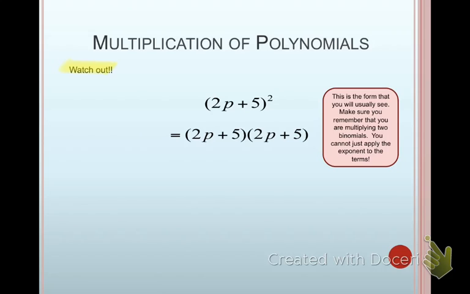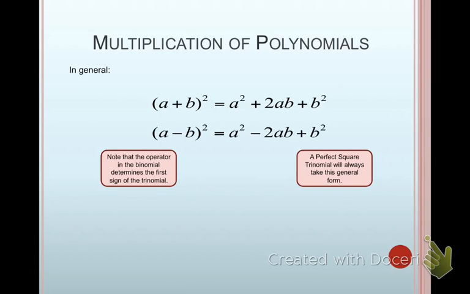At this point, you would then proceed to FOIL, or in a second, you're going to see what the actual shortcut is. You would follow the shortcut. Now, the shortcut is that if you have two binomials that are identical to each other, that are being multiplied by each other, you can square the first term, square the last term, and that middle term is going to be 2 times the first times the last.